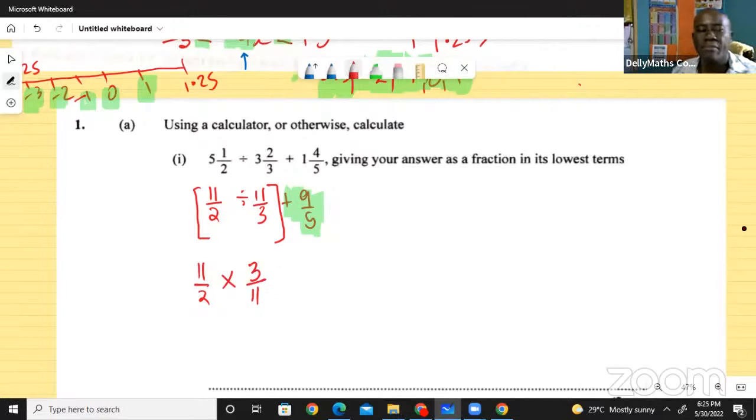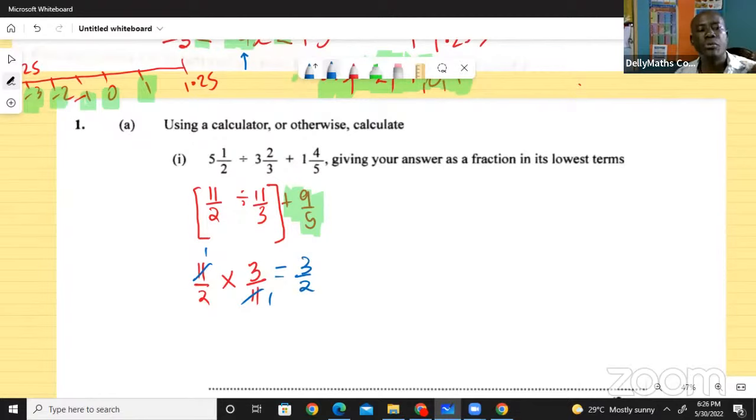So then we have 11 over 2, and we're going to multiply that by 3 over 11. Now I'm seeing where I could cancel 11 with 11. So when I cancel that, I'm left with 1 3s are 3, 2 1s are 2.